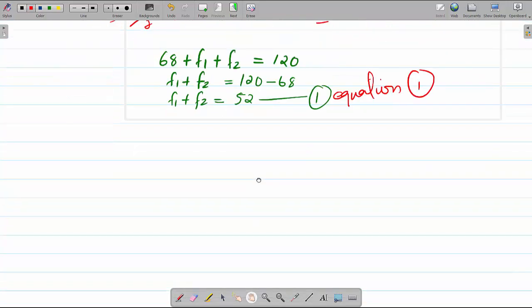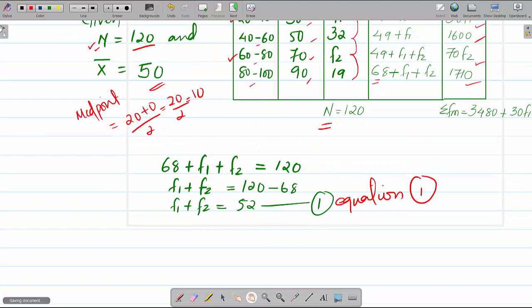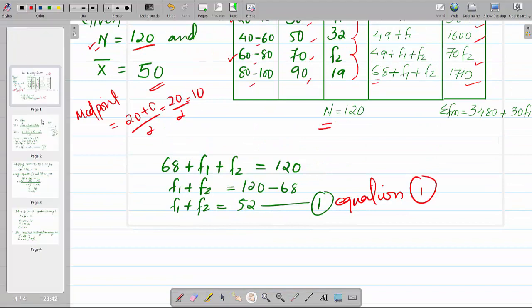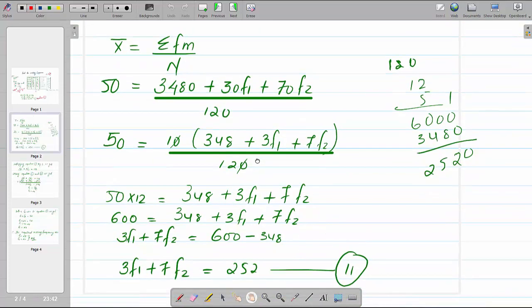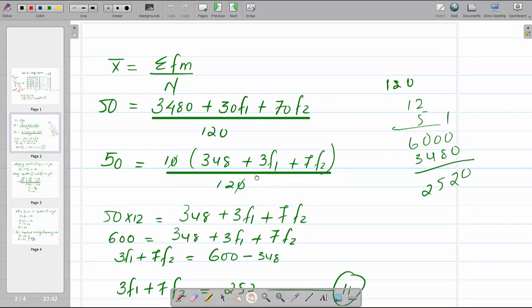Now what you have to do is find the mean value. Remember in the question it says the mean of the following frequency distribution is 50. It is already given in the question that the mean is 50. So similarly, you have to write down the formula: mean is equal to sigma fm by n.